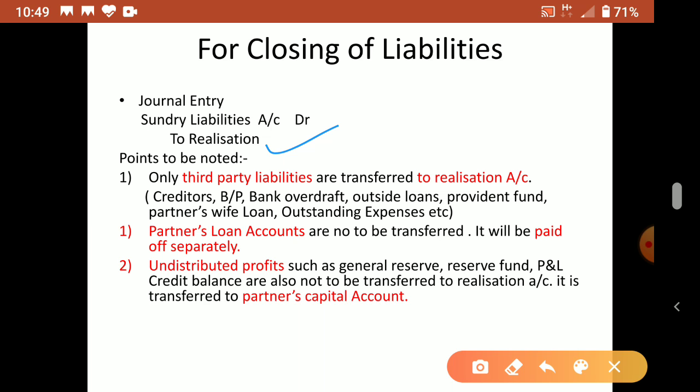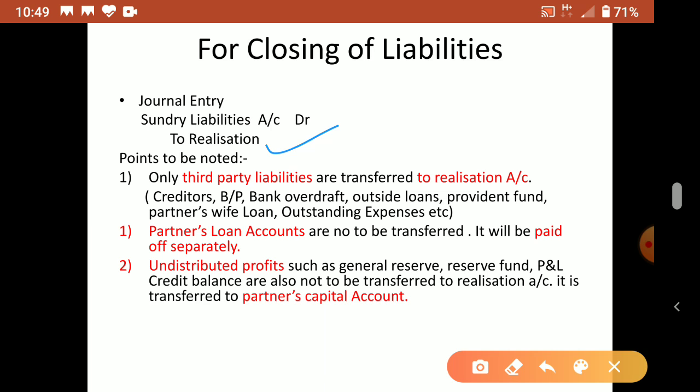But any other general reserve, any other things, normal reserves and all, P&L account balance, that will go to the capital account. So outside, third party liability means creditors, bills payable, bank overdraft, outside loan, provident fund, partner's wife's loan. Remember, partner's loan is not an outside liability. Partner is owner of the business, so when a partner has given a loan, we will pay that separately in partner's loan account.